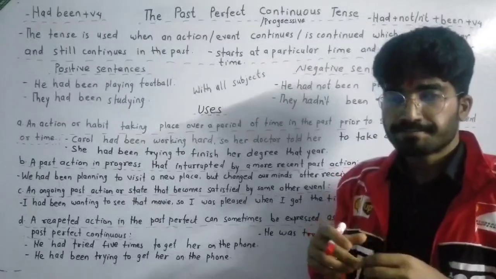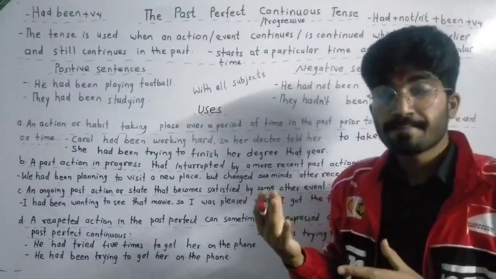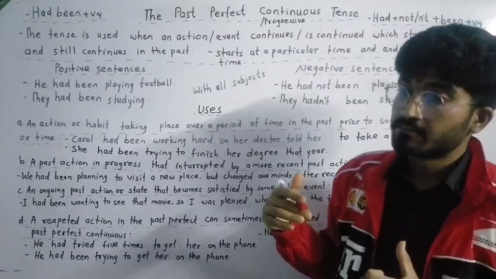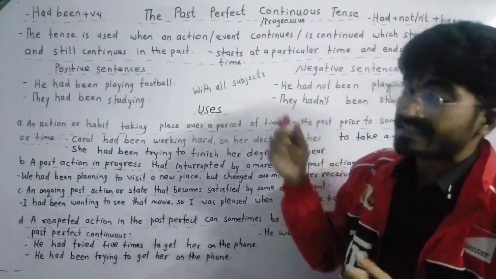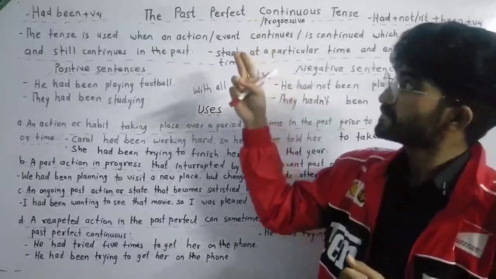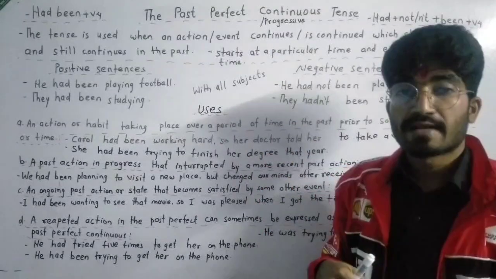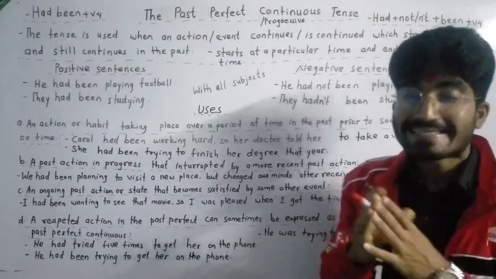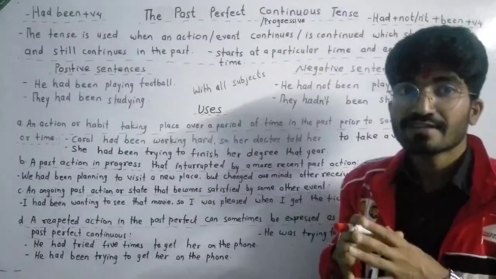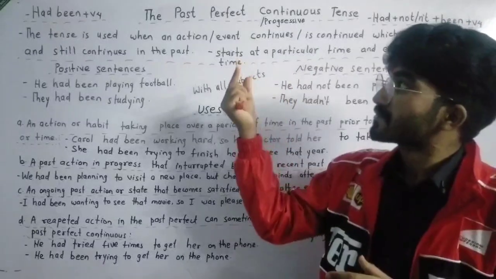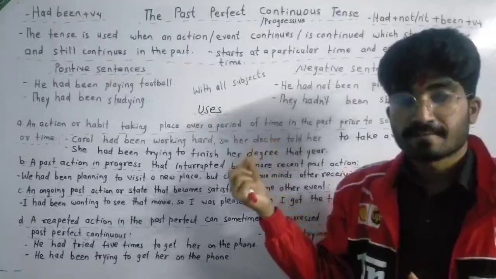I'm not saying exactly the same, but almost. People can easily understand while speaking, but while writing we have to be crystal clear. We have to use this tense whenever it is required.